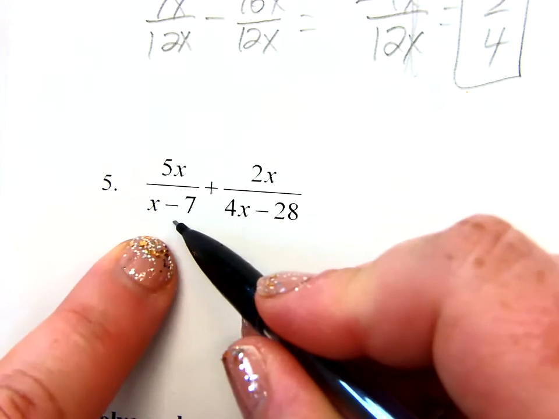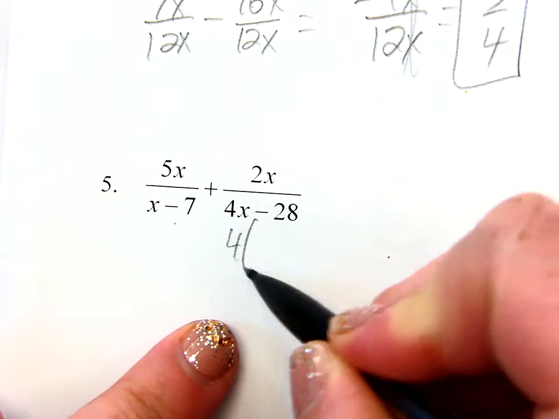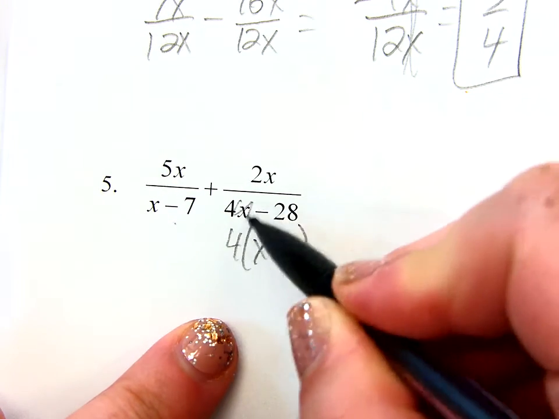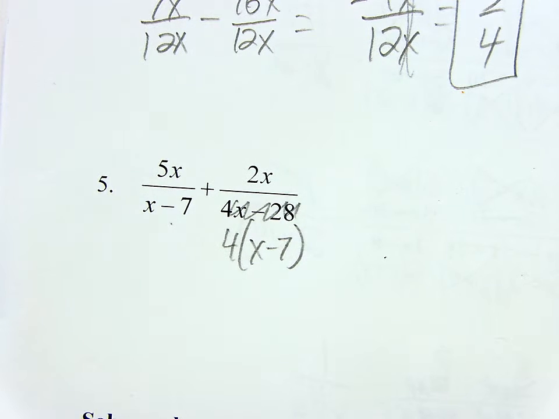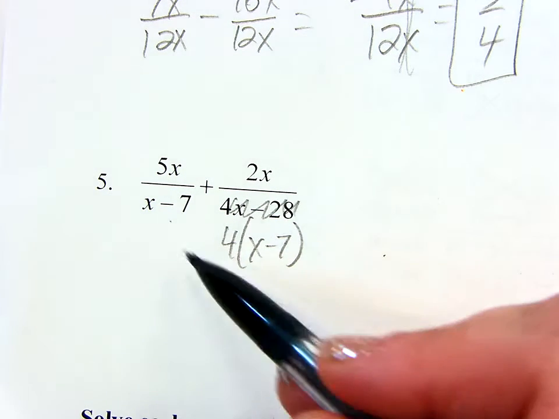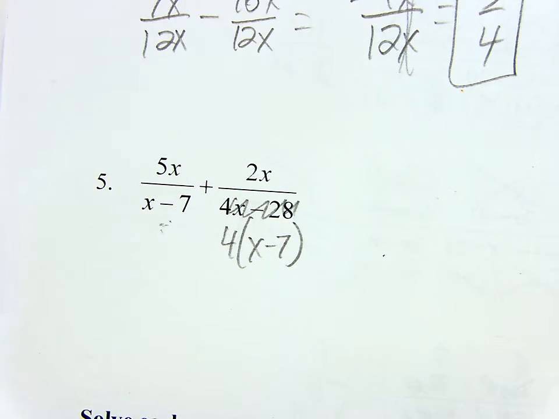So nothing to do here, but here I can take out a 4 and get x minus 7. Now it's a lot easier to see that they both already have x minus 7. It's just that this one needs to be multiplied by 4. Do you see that? So if you have a denominator that can be factored, factor it. And then it's so easy to see what pieces you're missing and what you need.